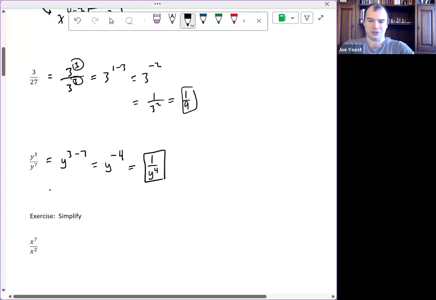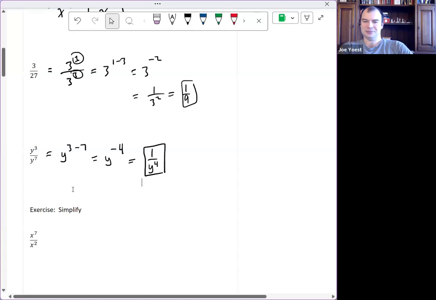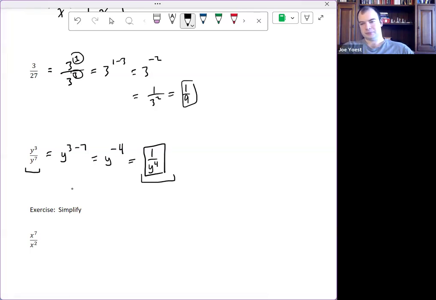And we see implicitly still y cannot be 0. Otherwise, we'd end up with a 0 denominator.